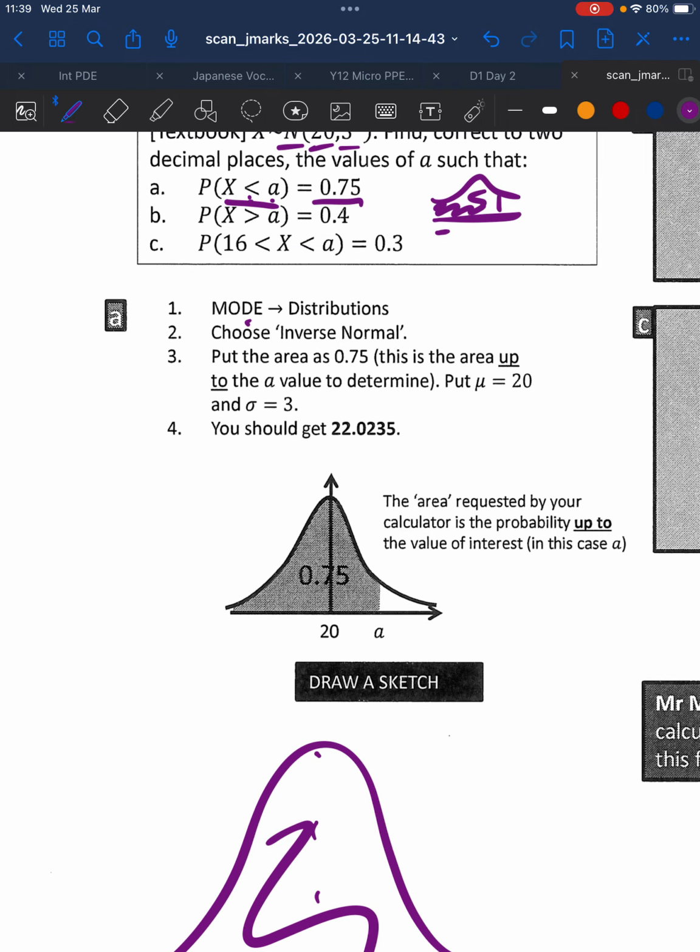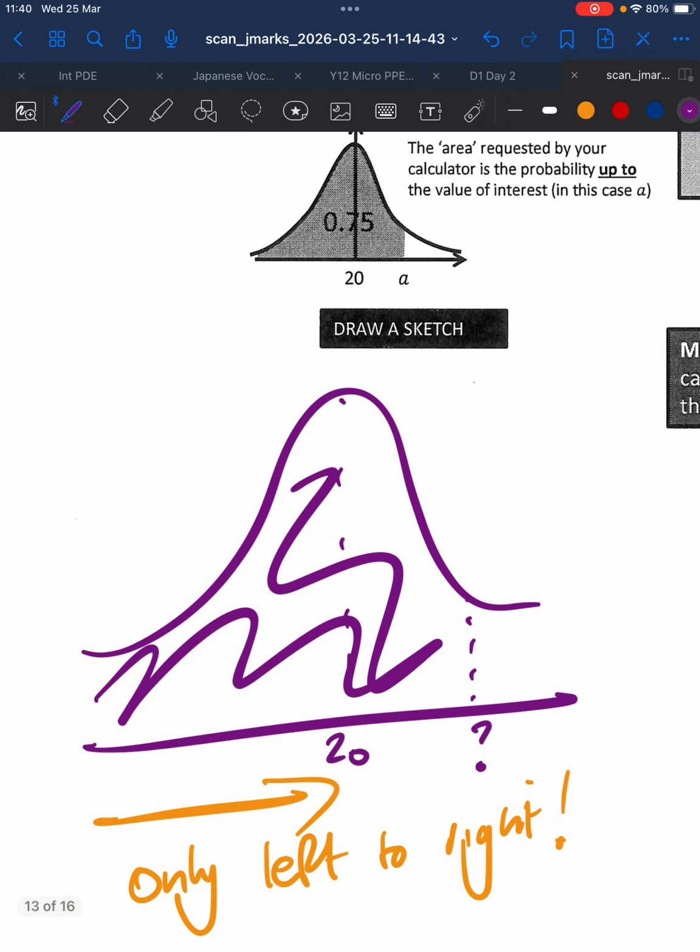So we go modes, distribution, inverse normal. 0.75 is our area, and remember that goes up to. That is the most important bit. We need to also tell it roughly the shape of our distribution, so where it's centered and how stretched or how compressed it is. And it gives us 22. And that value there sounds quite believable because it's got to be more than 20, hasn't it, to cover more than half of the data.